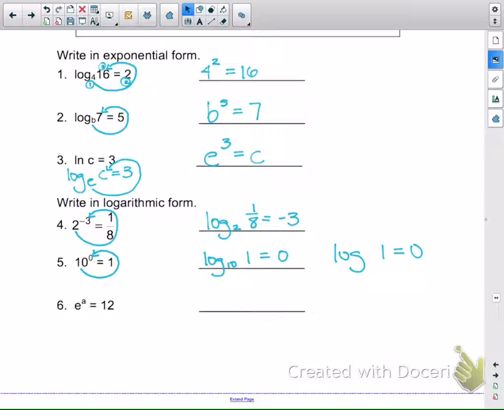The next one I do care. If I use my loop, we would immediately start by writing log base what? E of 12 is equal to A. However, we said log base E is the same as what? ln.